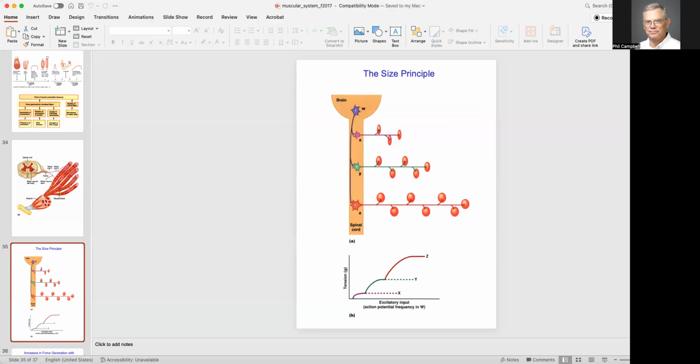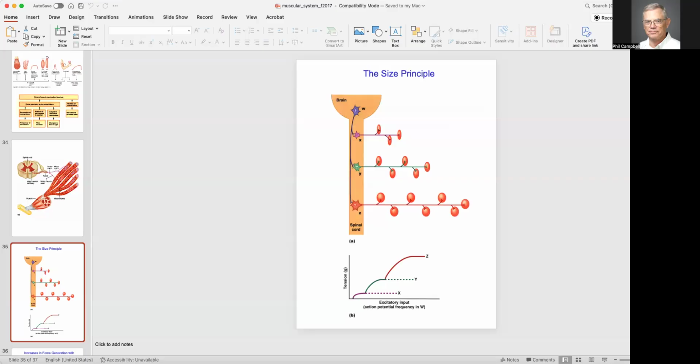Without the size principle, I can't have any fine movements. With the size principle, I can controllably contract the speed at which I do this. Without the size principle, I can't. So how does the size principle work?